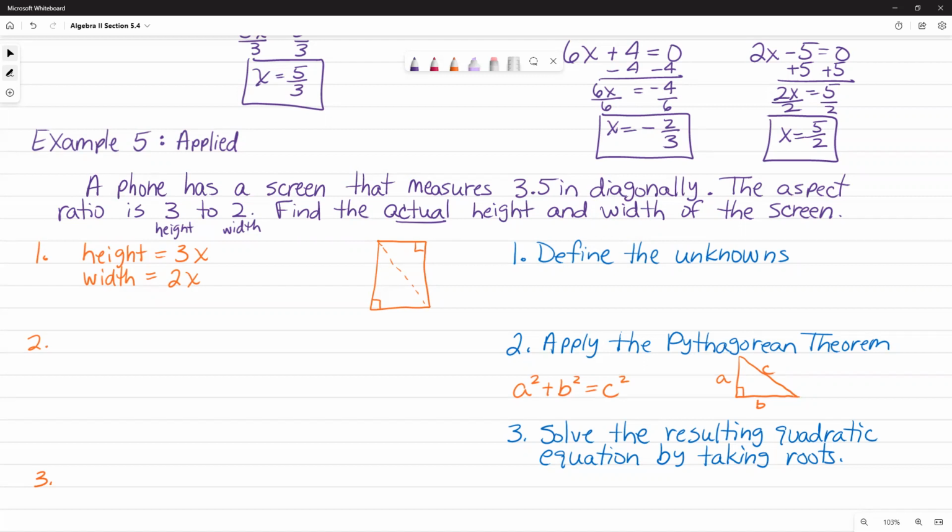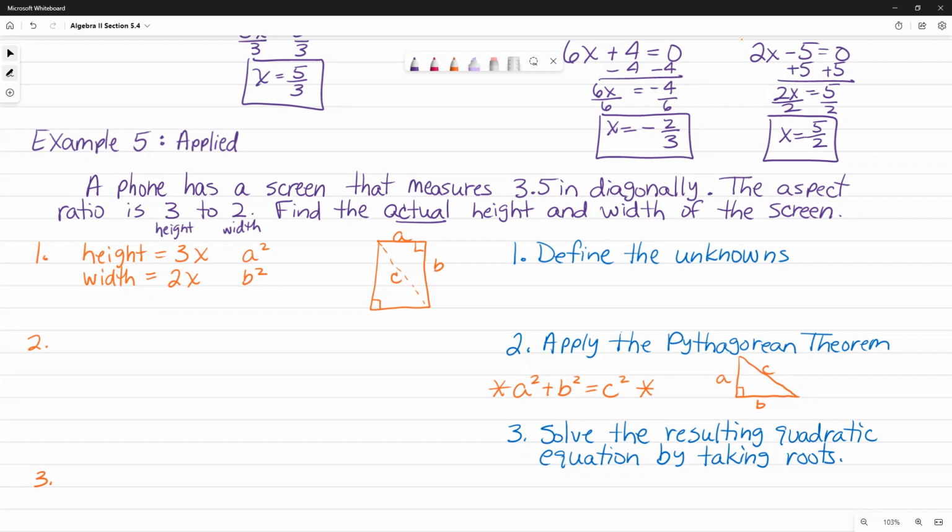So when we use this Pythagorean theorem, you can think of the height as your a, the width as your b, and the diagonal is your c. And that we know.